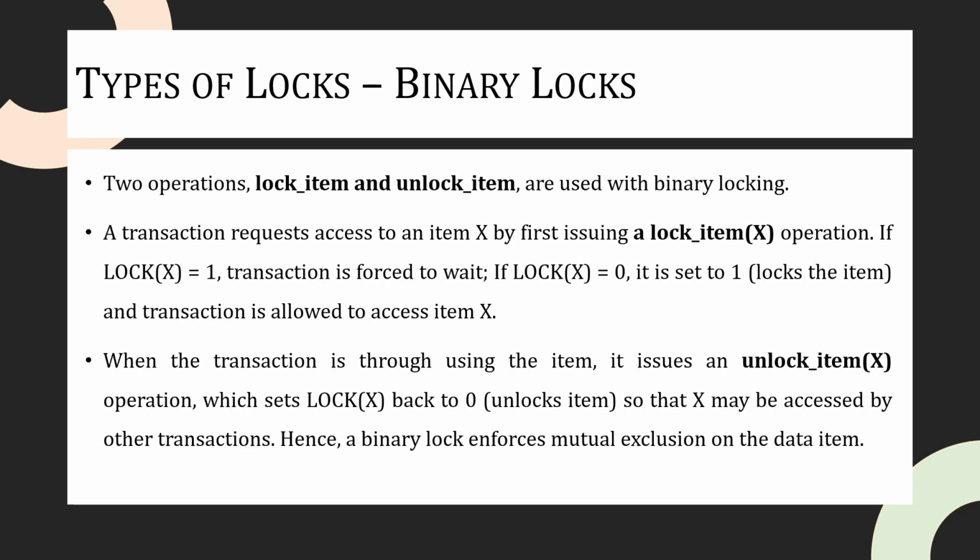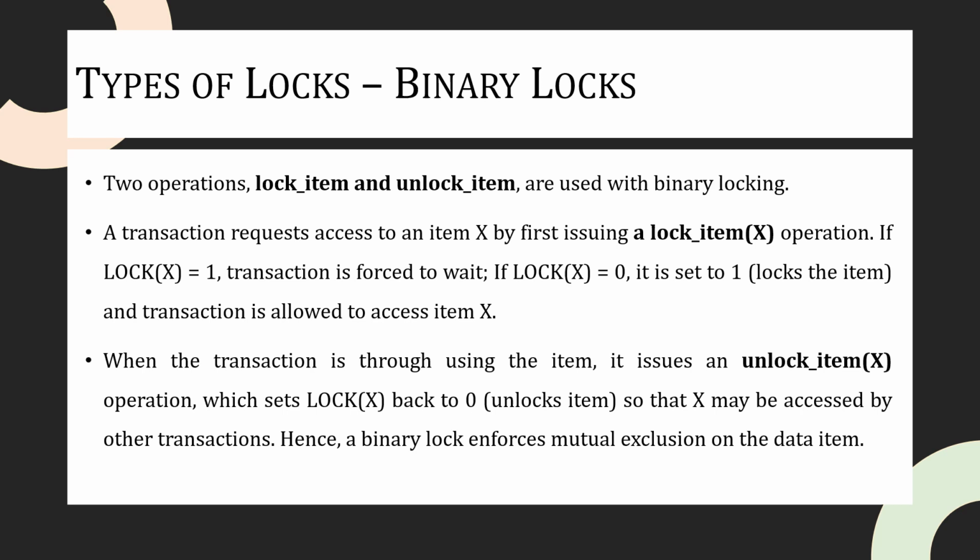Two operations are used with binary locking. They are lock item and unlock item. If a transaction wants to access an item X, first it needs to issue a lock item of X operation.